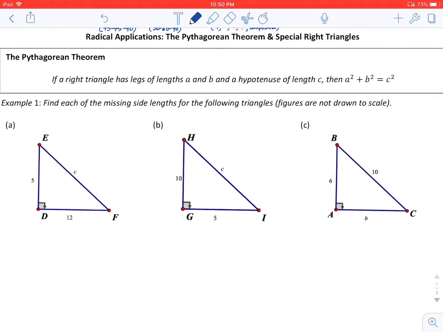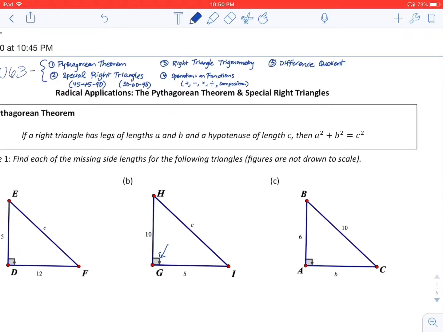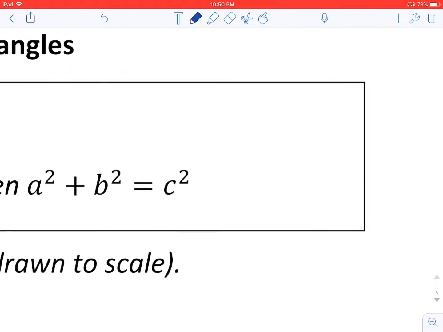If I know that I have a right triangle, a triangle that has a right angle, or a 90-degree angle in it, then there's a relationship between what are called the legs of the right triangle and the hypotenuse. Just for some vocabulary, the legs of a right triangle don't always have to be the same length. I don't know why I drew it that way.